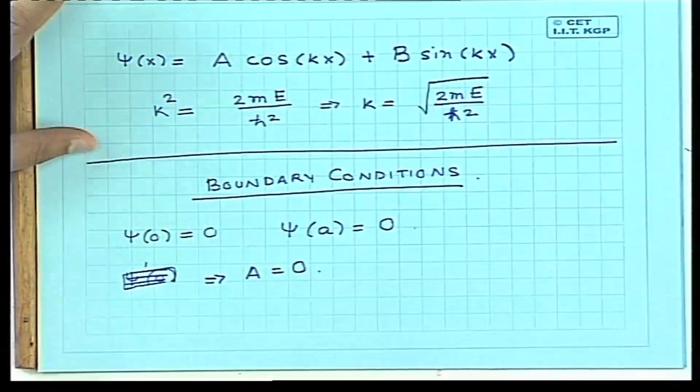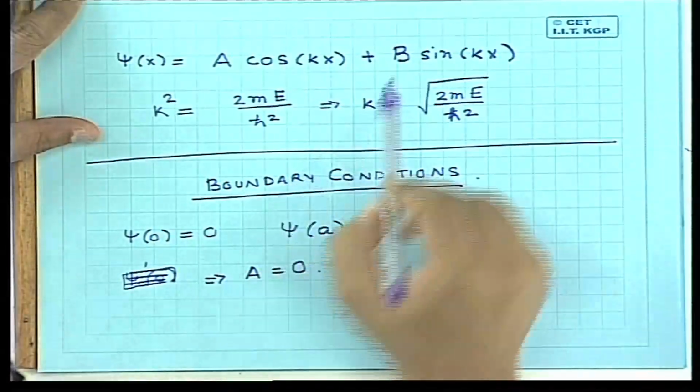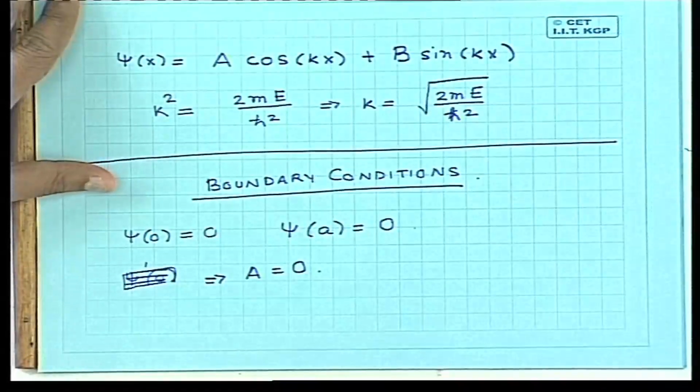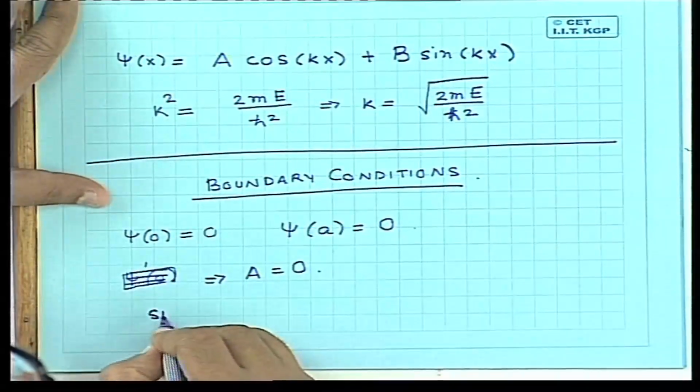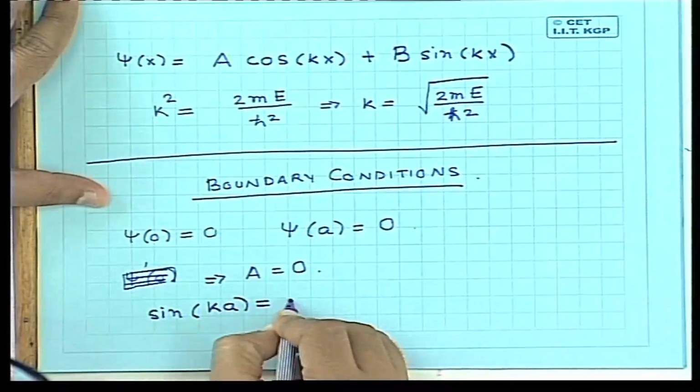In addition, the fact that it has to disappear at x equal to 0 means that for this sine kx, sine ka has to be equal to 0.